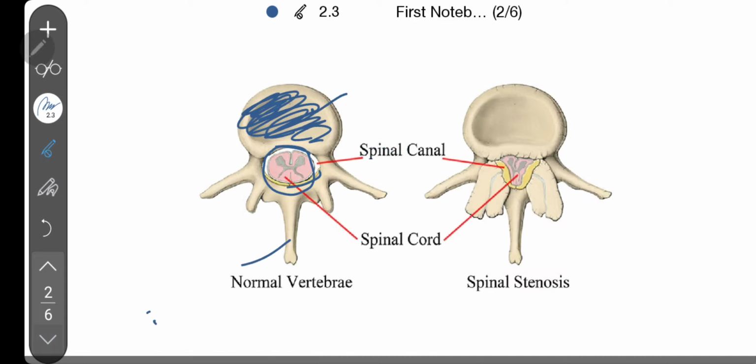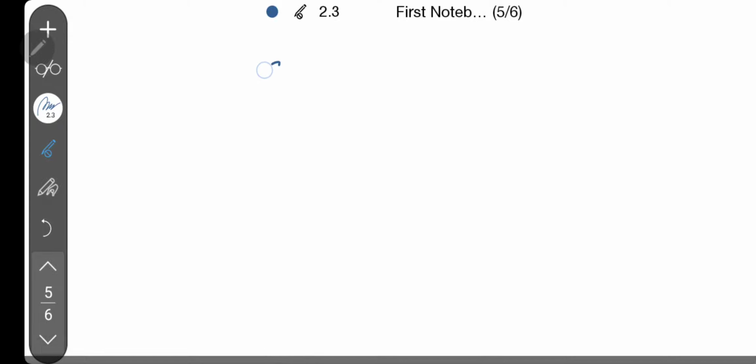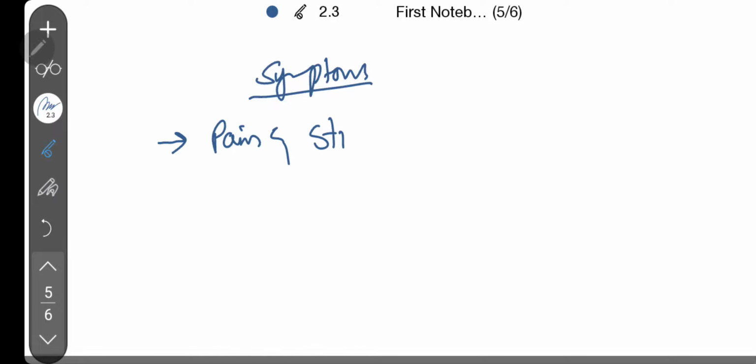Okay, let's talk about the symptoms. They are produced either because of the compression of the spinal cord or the spinal nerve roots, or both of them. Sometimes the first symptom is just the pain and the stiffness in the neck. That depends on the degree of compression. The patient's neck is painful, it's less flexible, and it's stiff.